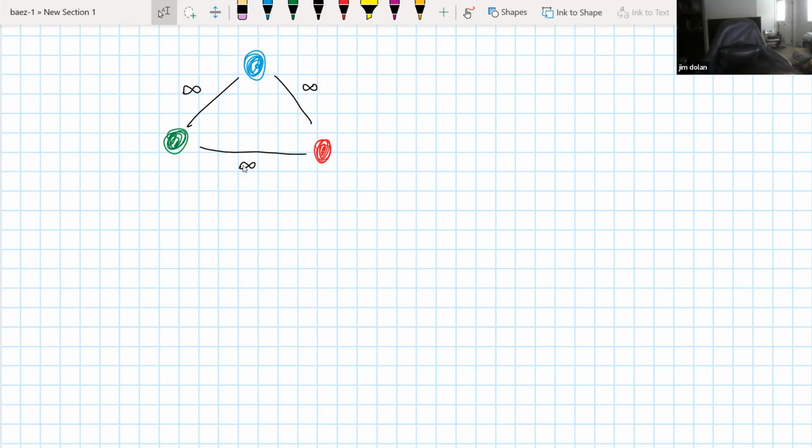Yes. First of all, let's just draw a little sketch of this Coxeter tiling.